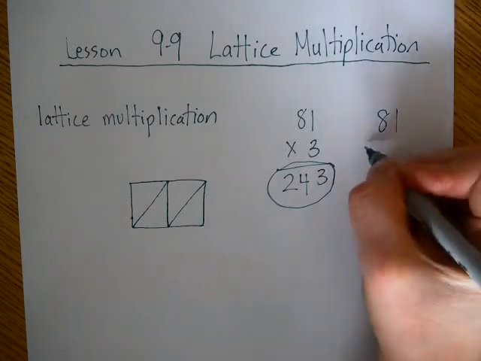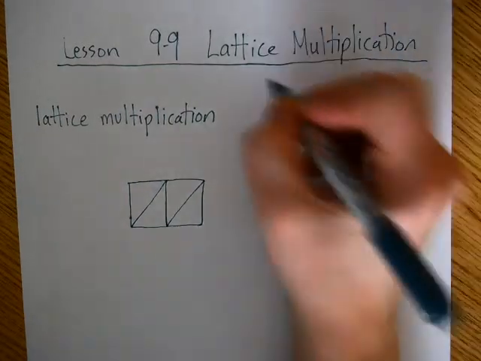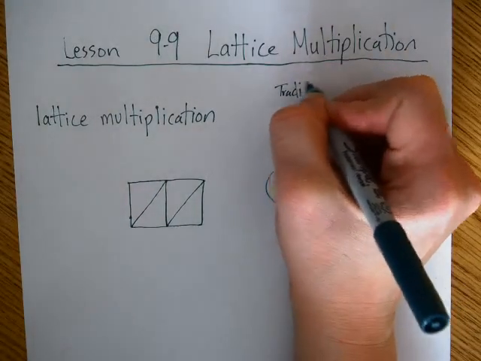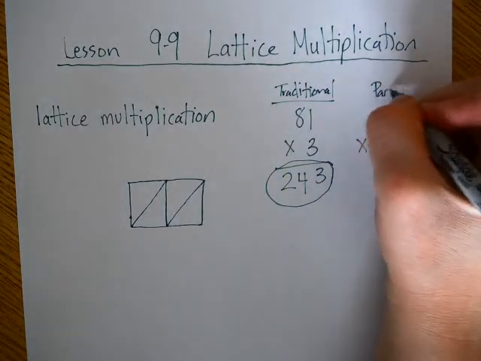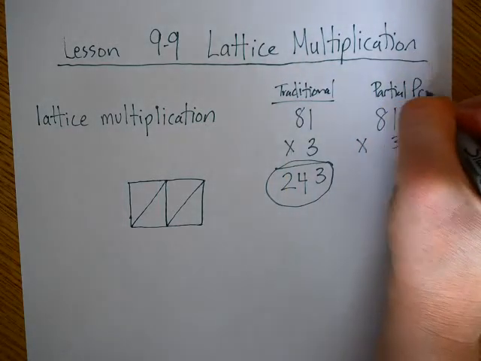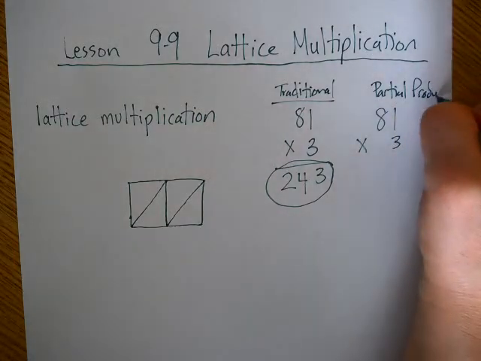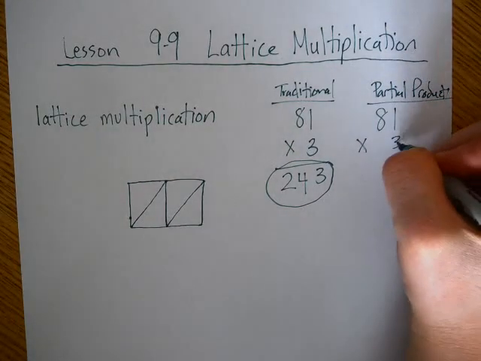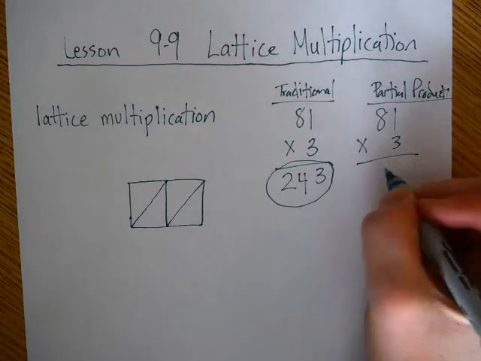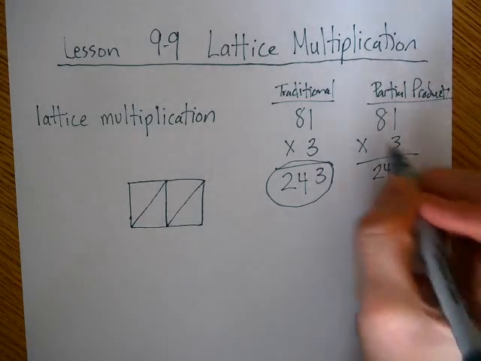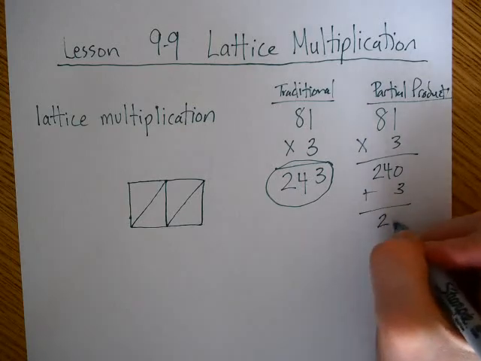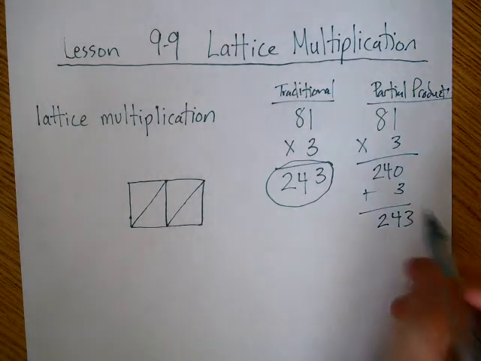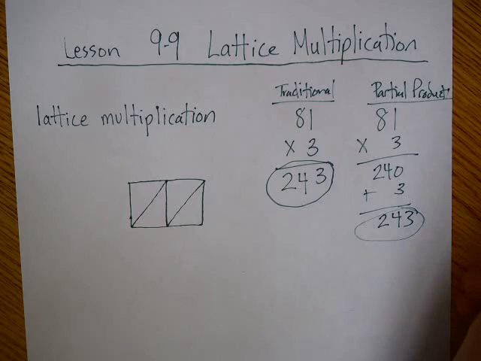This is the traditional, and then partial products is like this. That's saying 3 times 80 is 240, plus 3 times 1, that's 243. So that's what we've learned so far as algorithms go.